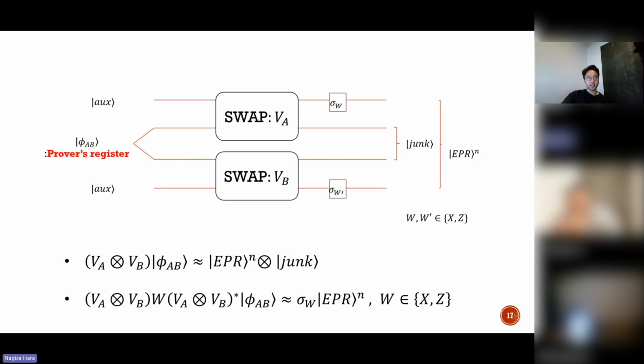So these are the two main important properties of self-testing. And again, the isometry is a swap gadget.